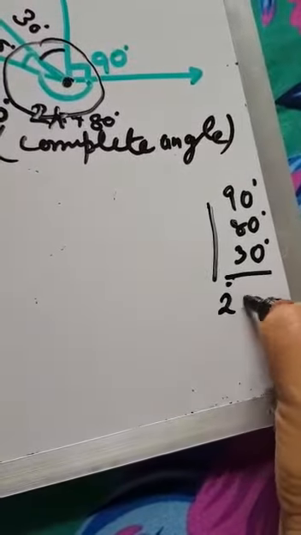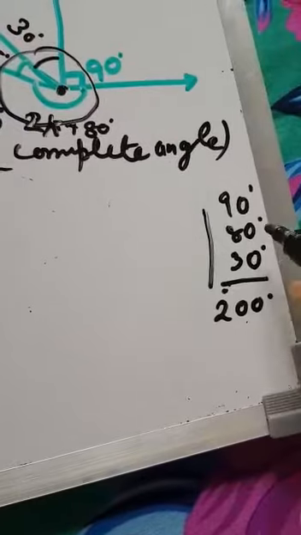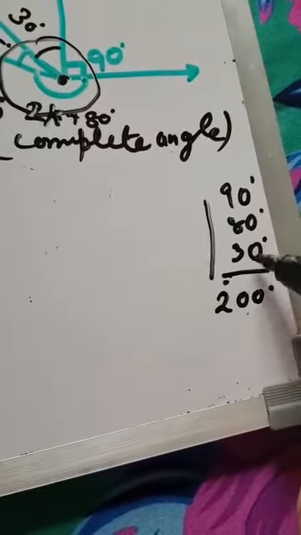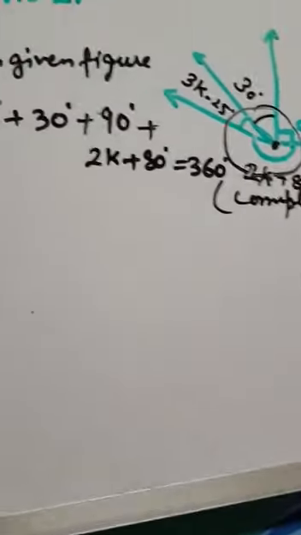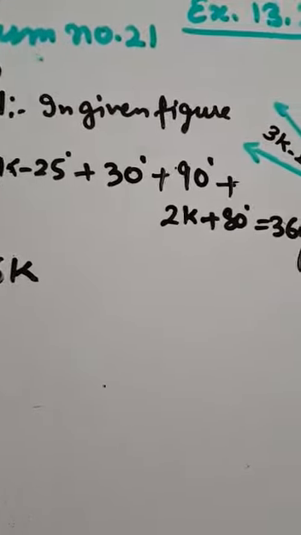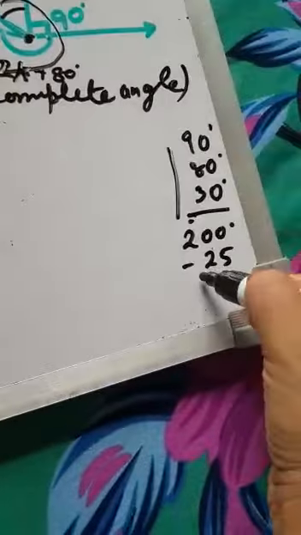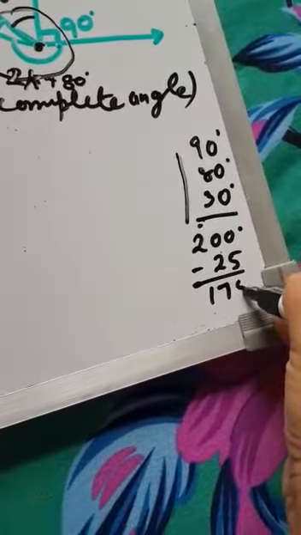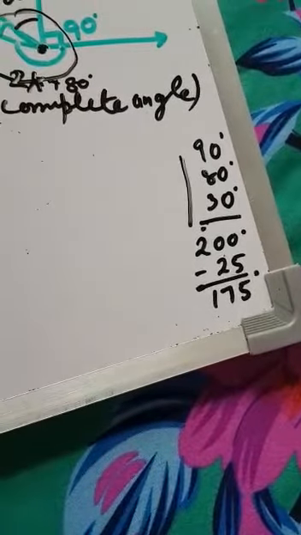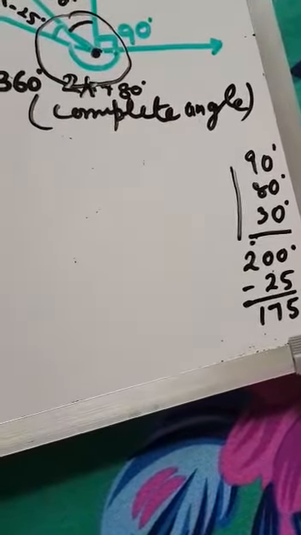You will get 200 as total. 90 and 80 is 170, plus 30 is 200, and 25 is negative. So you will subtract 25 from this, you will be getting 175 degree.